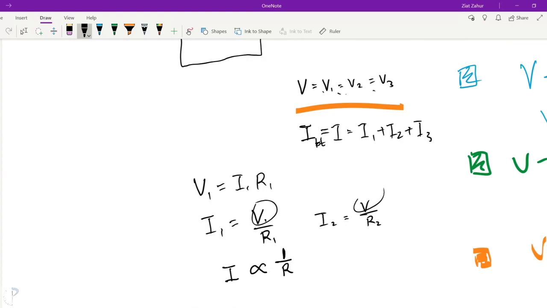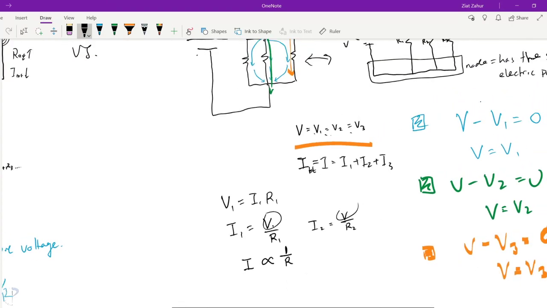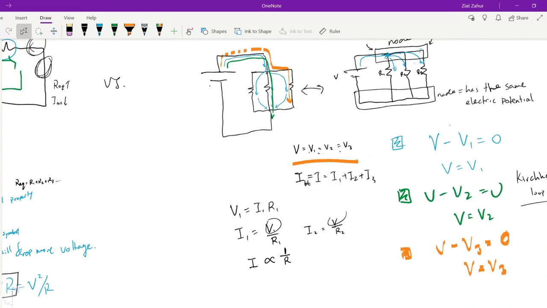This tells you that when you're in parallel, the resistor with more resistance will get less current. The resistor with less resistance will get more current. However, the individual currents still have to add up to the total.